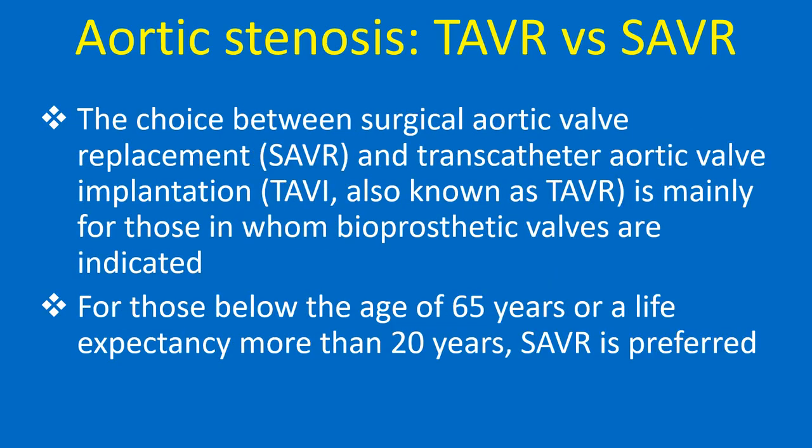The choice between surgical aortic valve replacement and transcatheter aortic valve implantation is mainly for those in whom bioprosthetic valves are indicated. For those below the age of 65 years or a life expectancy more than 20 years, SAVR is preferred.